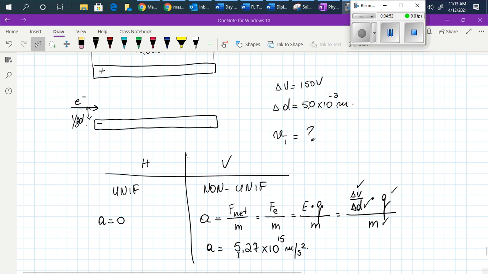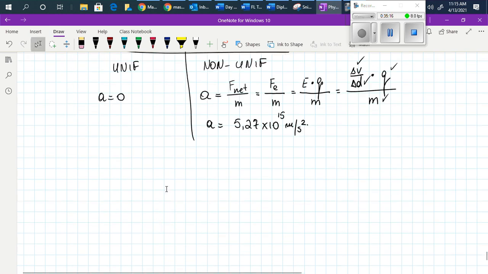Based on my calculations, I have the acceleration as 5.27 times 10 to the power of 15, and it is a positive value because, what do we do here? We have the vertical and the horizontal axis like this, and the electron, being a negative charge, will naturally go toward the positive plate.